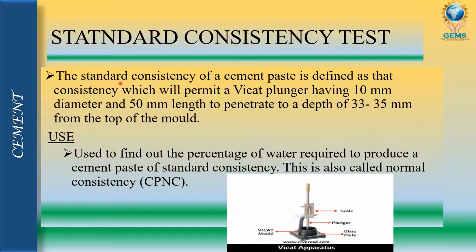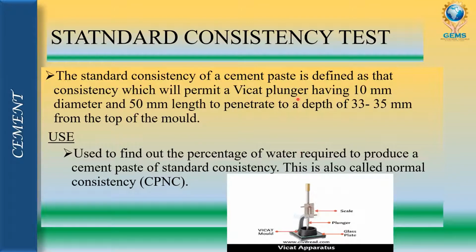The standard consistency of cement paste is defined as the consistency which will permit a Vicat plunger, which you can see in this image, to penetrate. This is the Vicat apparatus and this is known as the Vicat mold, and this is called the plunger, whose length is 50 mm and diameter is 10 mm.